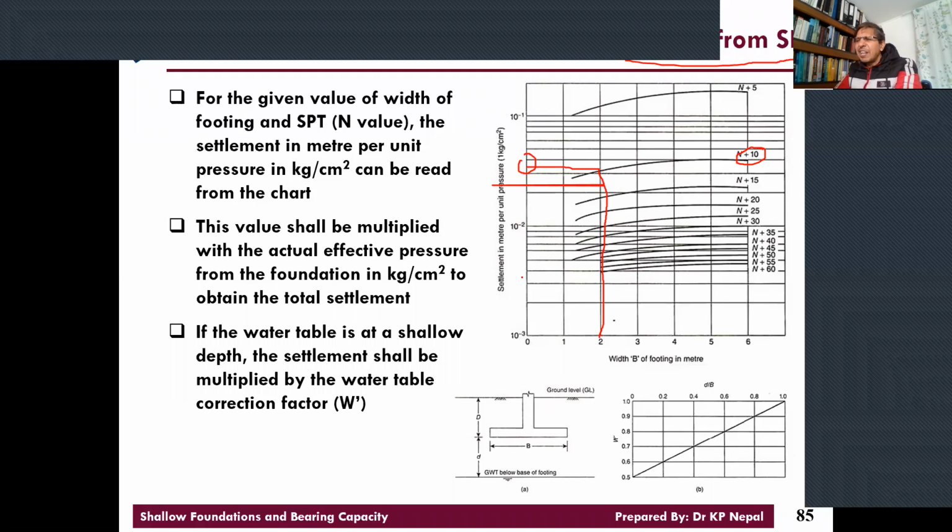Minus 1.5? Yeah, because this is 10 to the power 2. So that is 1 kg per cm square of pressure. You need to multiply by how much pressure is coming. What I discussed now is not complicated, we have just simplified the way to get settlement and the pressure using SPT, CPT values and so on.